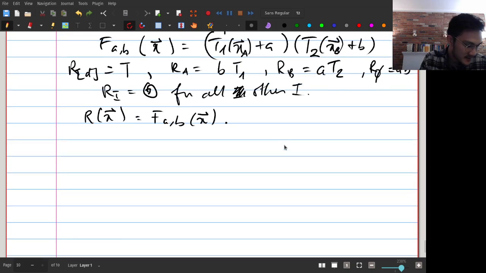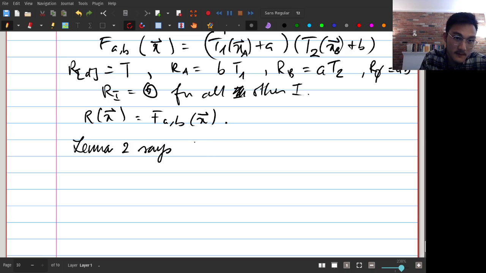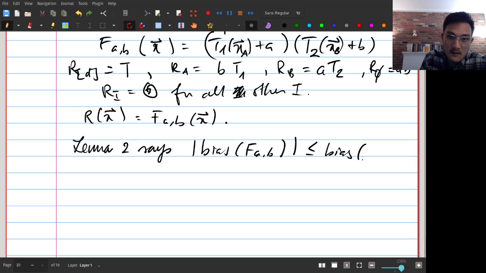So what does lemma 2 say? Lemma 2 says that the bias of f_ab is less than or equal to the bias of t.